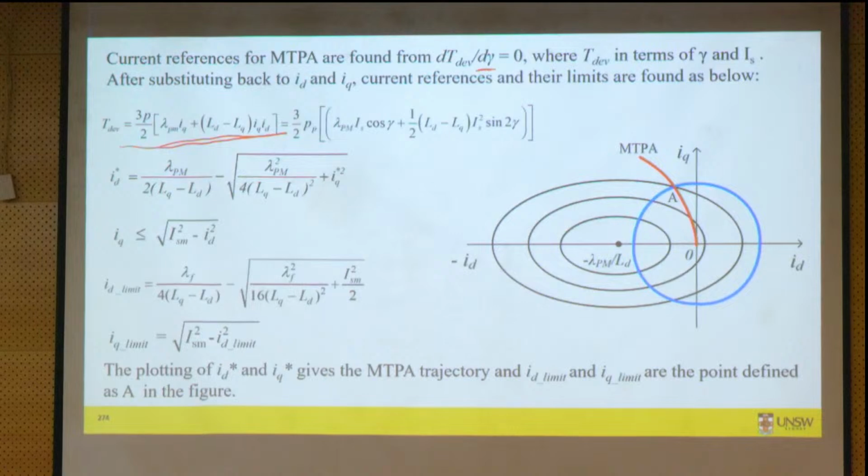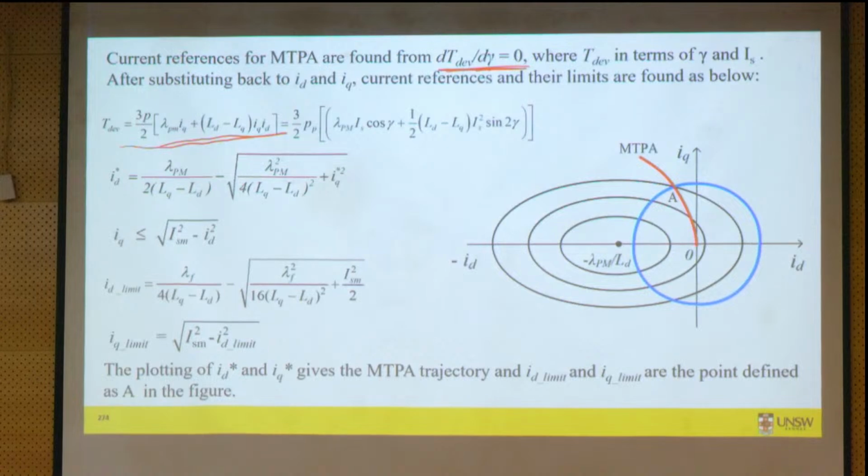So in this case, maximization of torque with respect to gamma angle. If we use this condition, we will be able to calculate an ID current, and that is actually your reference current for the MTPA condition.